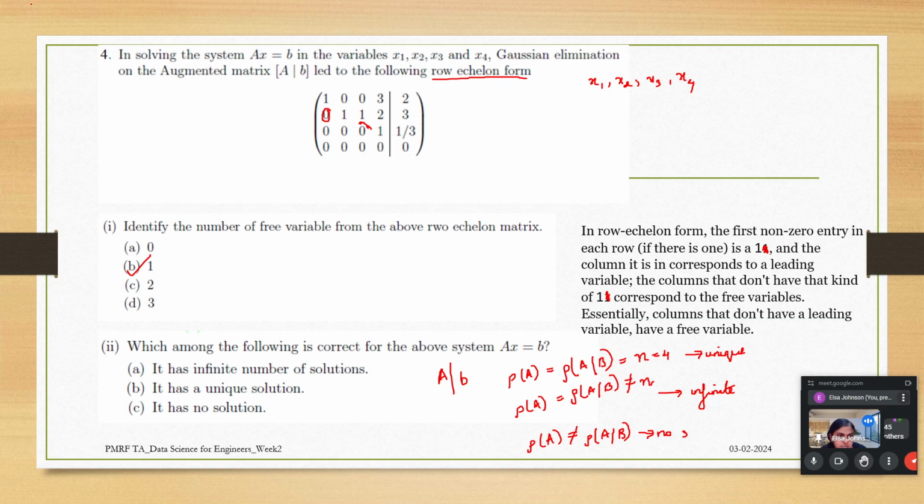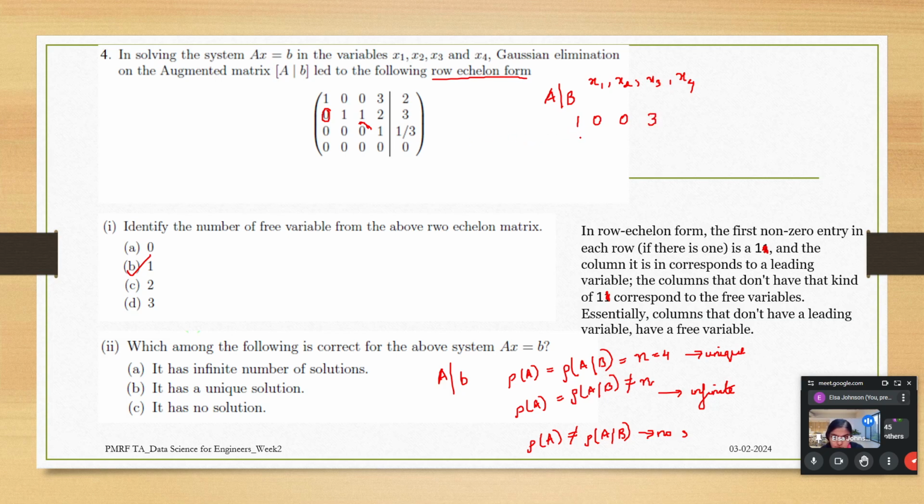When you write the augmented matrix in echelon form, the ideal case would have been 1 0 0, 3 I'll include here.